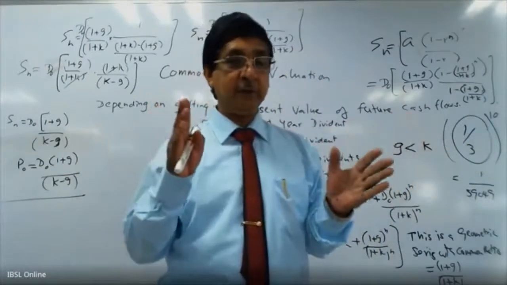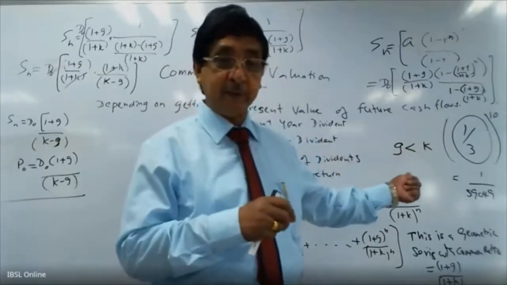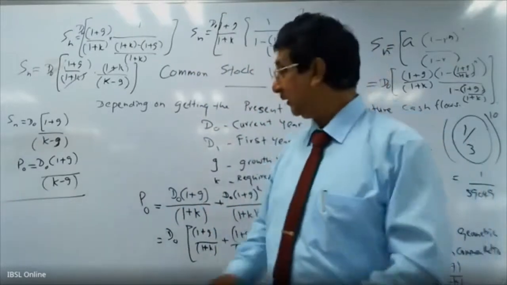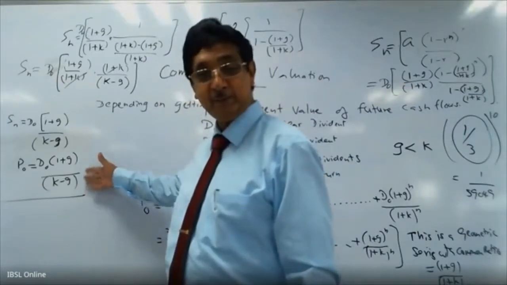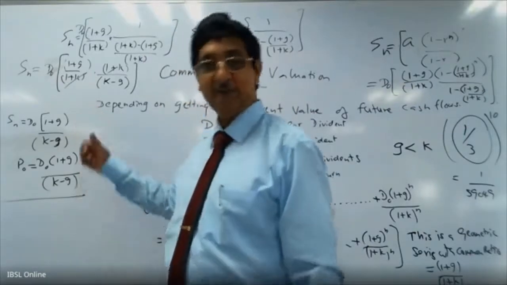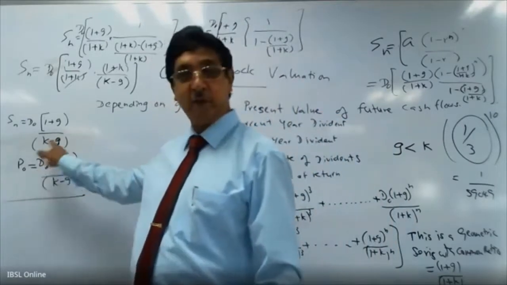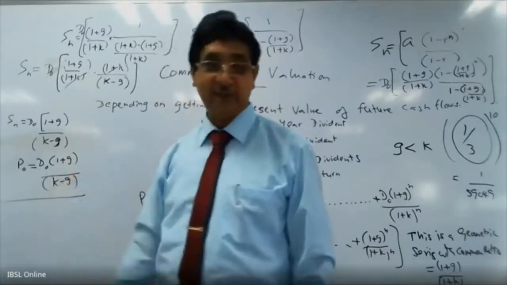Otherwise, if you are very much confused with these things, forget about it. No issue. It is enough for you to have this formula by heart. I think it is not a very difficult one. D0 1 plus g is on the top, and in the denominator you get k minus g.